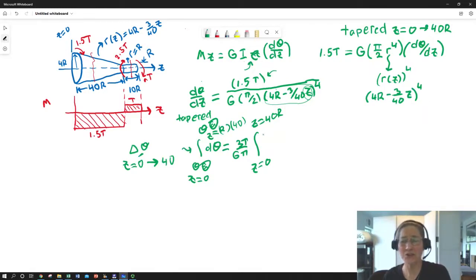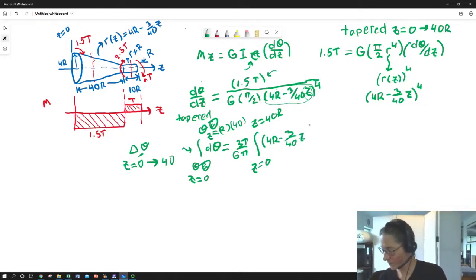And even then, I'm not quite sure how you'd lay it up. So I think it's pretty safe to assume G, our shear modulus, is constant, we can pluck it out from the integral, and we're left with our 4r minus 3/40 z to the -4 dz.